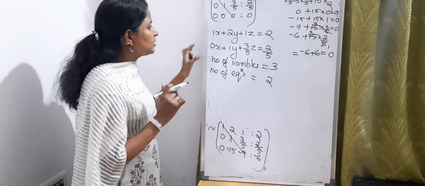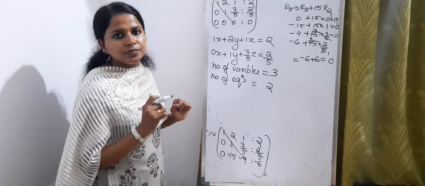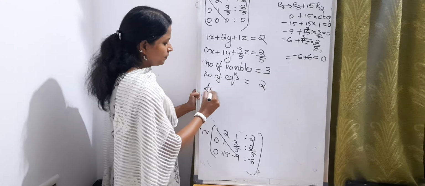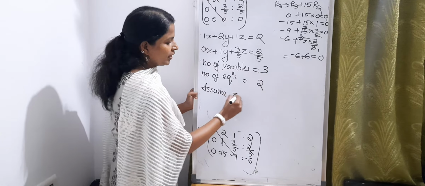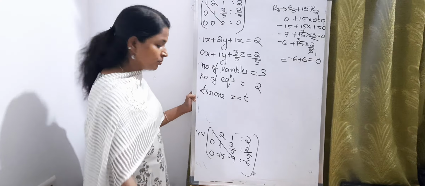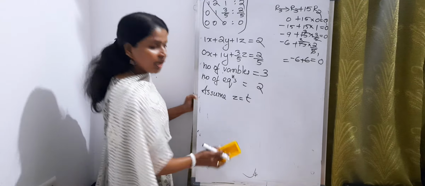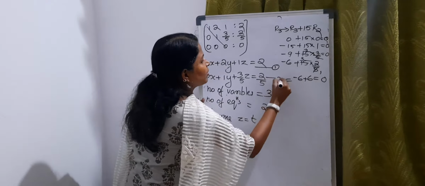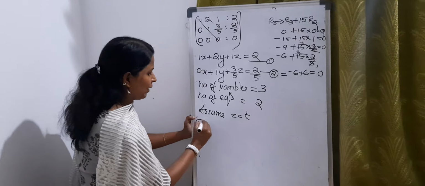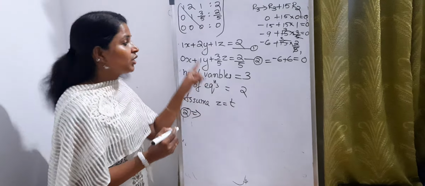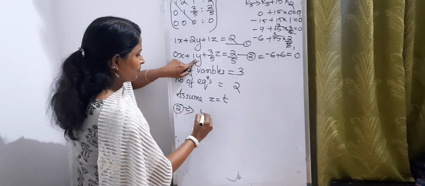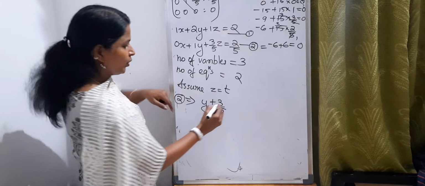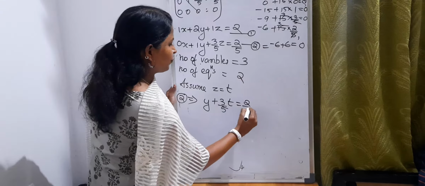Okay, here we substitute another variable. We assume z equal to t. If z equal to t, this is equation number 1 and this is equation number 2. Equation 2 implies, put z equal to t in equation 2: y plus 3 by 5 z, put z equal to t, equal to 2 by 5.